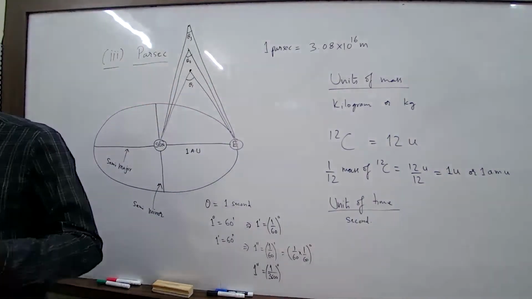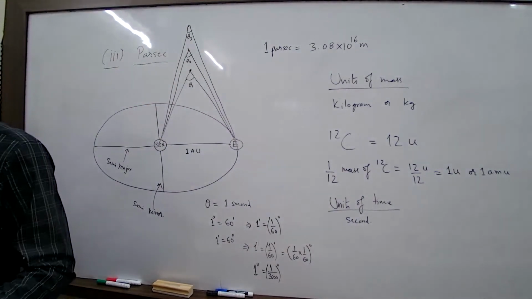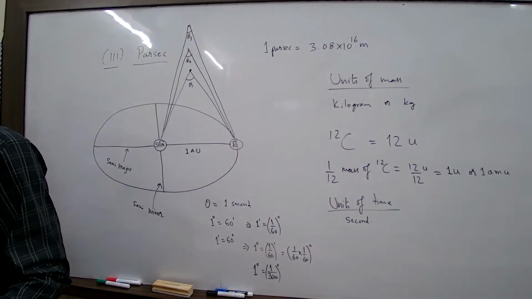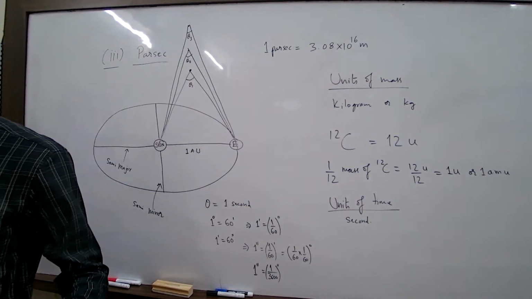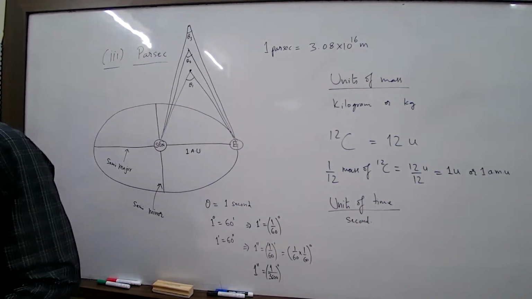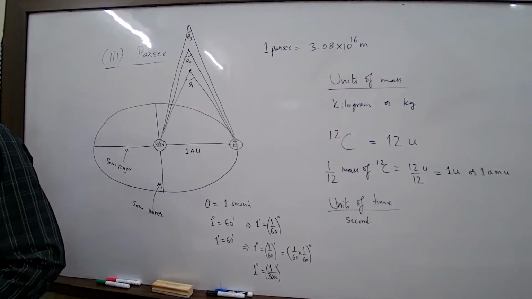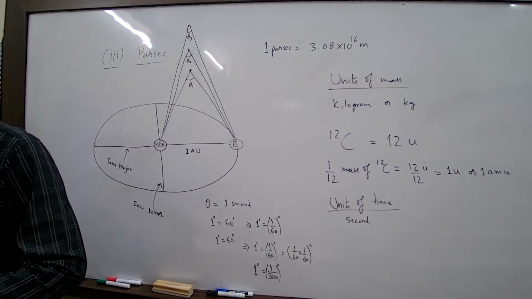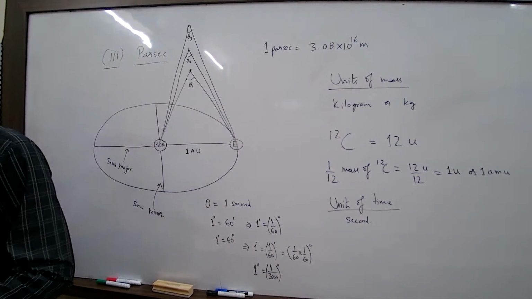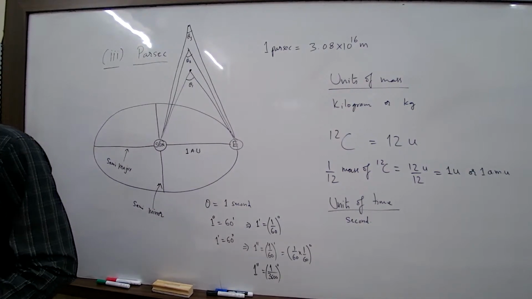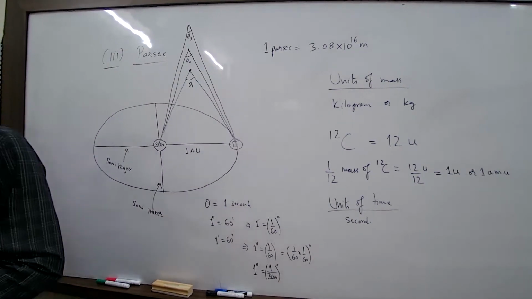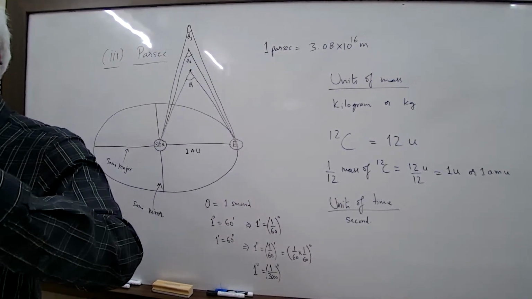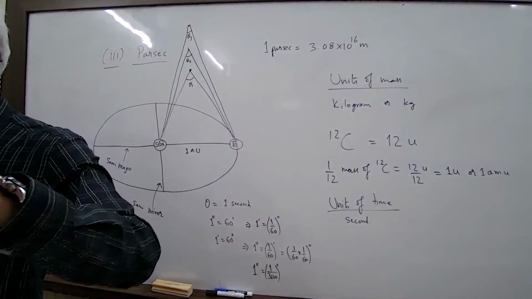But we have hour, minute, day, year, all of them are time only. So everything can be converted back into seconds. So how do we define 1 second? For that you have to take some time interval.